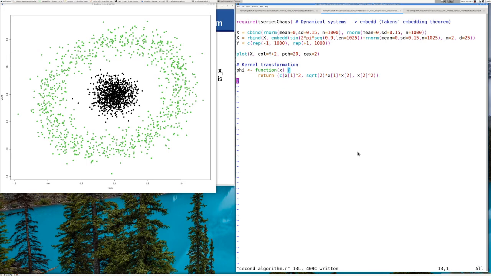What I'm going to do now is apply that space transformation. I'm just going to call it space transformation instead of kernel, but that's a kernel. Okay, doesn't matter.